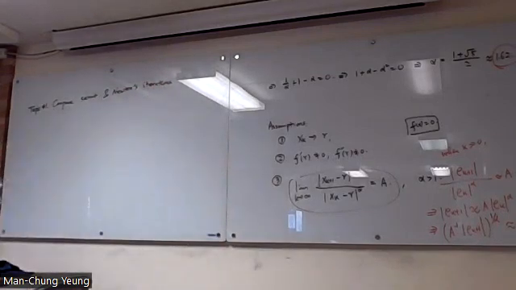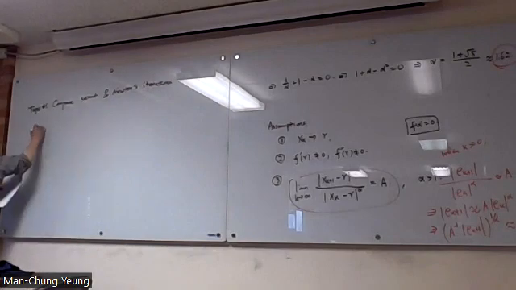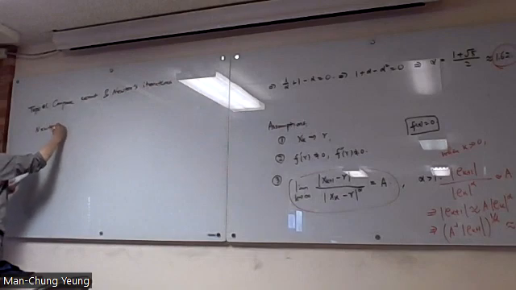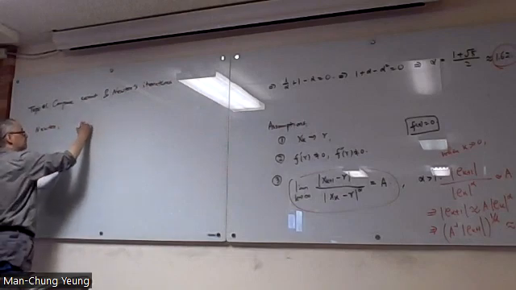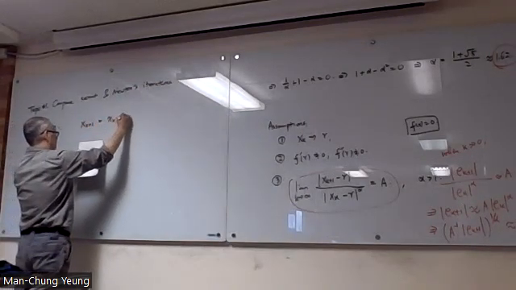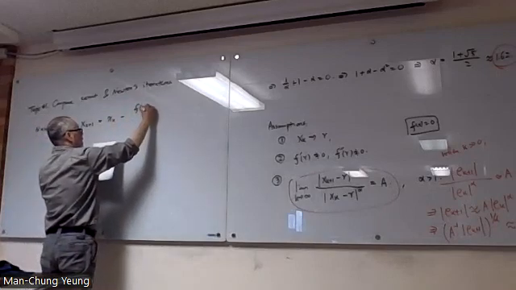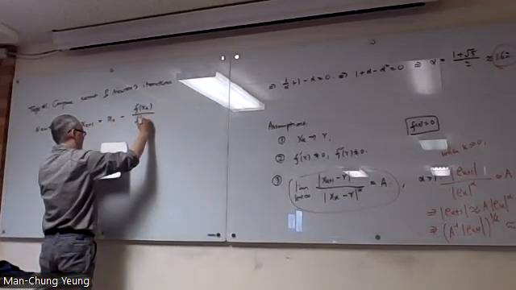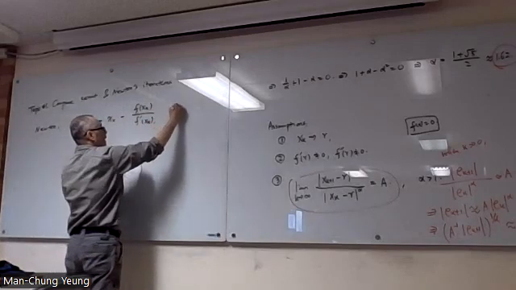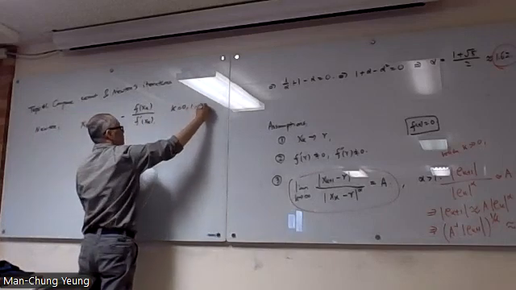Let me write down the formulas. Newton. The formula is this, for k equals 0, 1, 2, and so on.